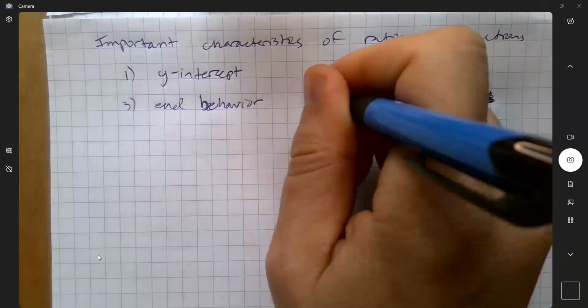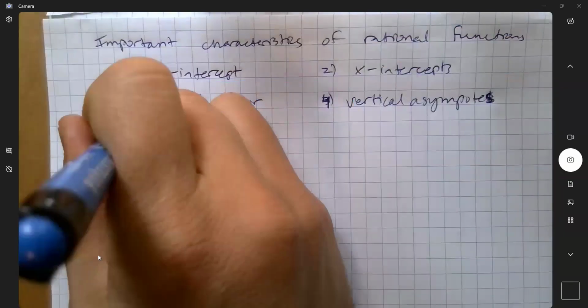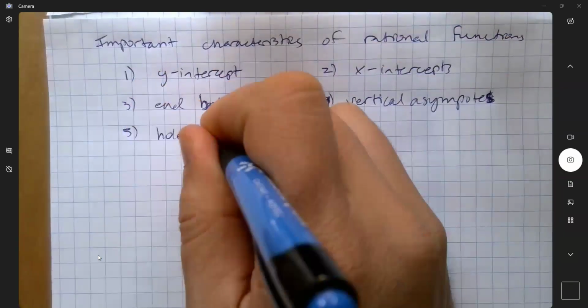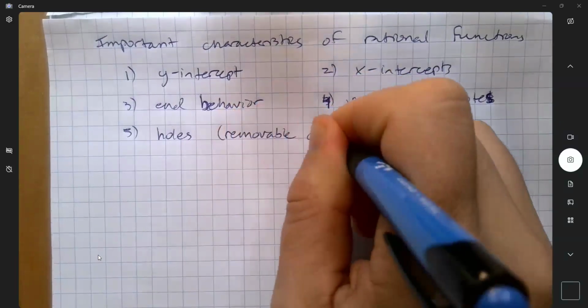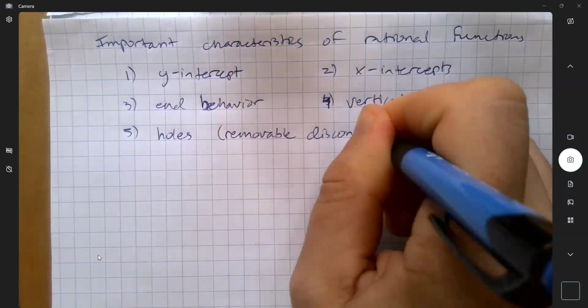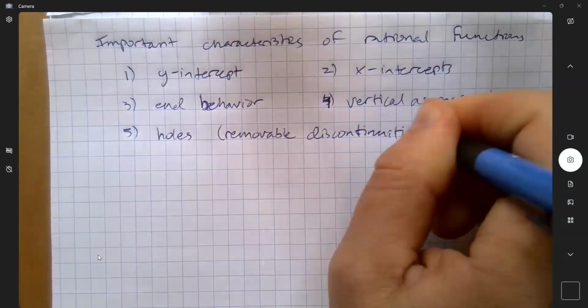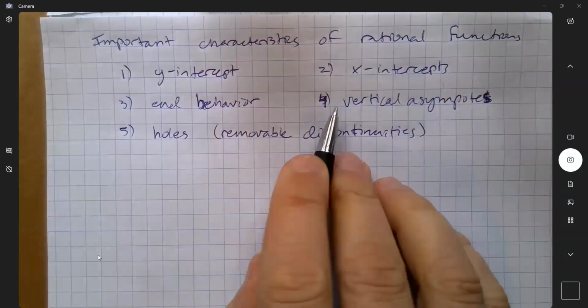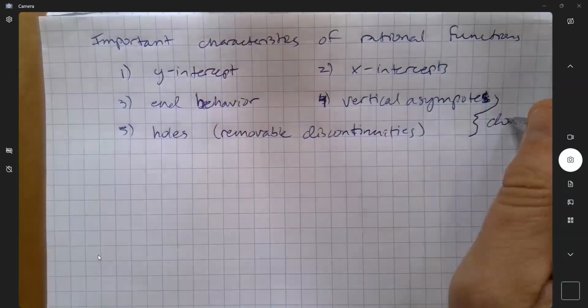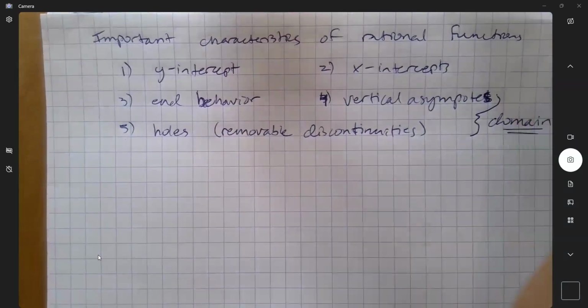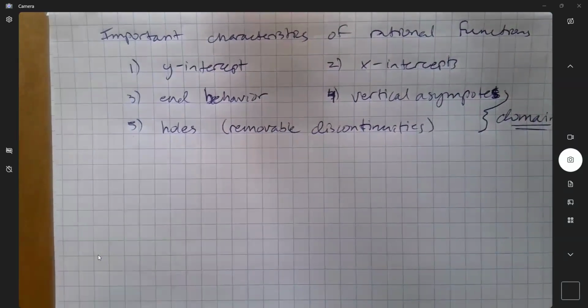And the last one is something called holes, or you may see them now or later as removable discontinuities. And related to vertical asymptotes and holes is the idea of the domain of a rational function. So let's break it down.